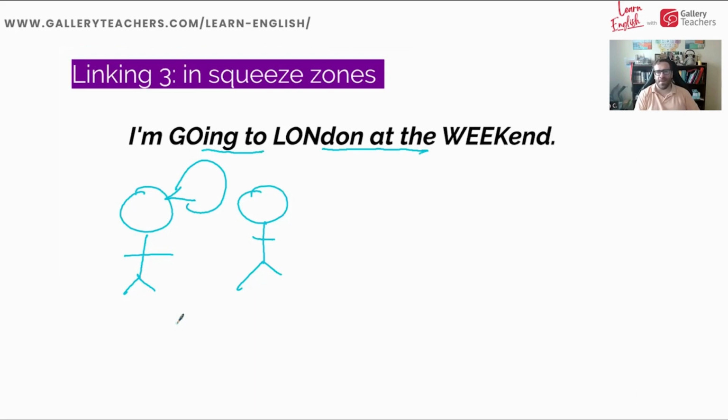They both live in a city very close to London. And it's a normal thing for them to do. I think often you're going to hear the first stress and the last stress. But what happens in the middle is all squished together.